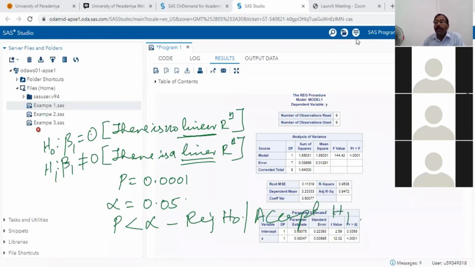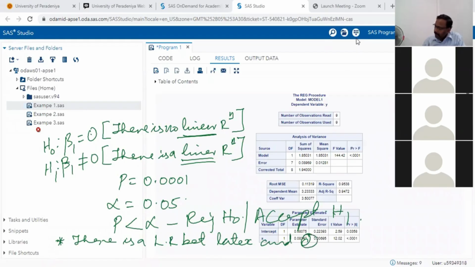Now, how do we make the conclusion? Now we can include what I said in the question. What I said in the question? X is diameter, Y is latex yield. How can we conclude? Yes, there is a linear relationship between the latex and the diameter of the rubber trees.